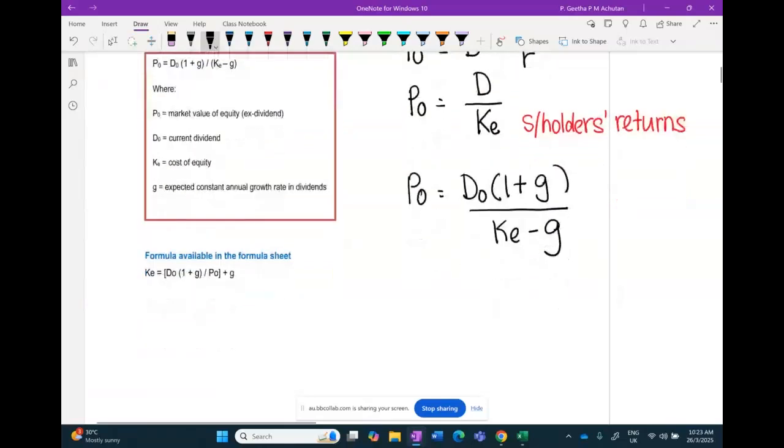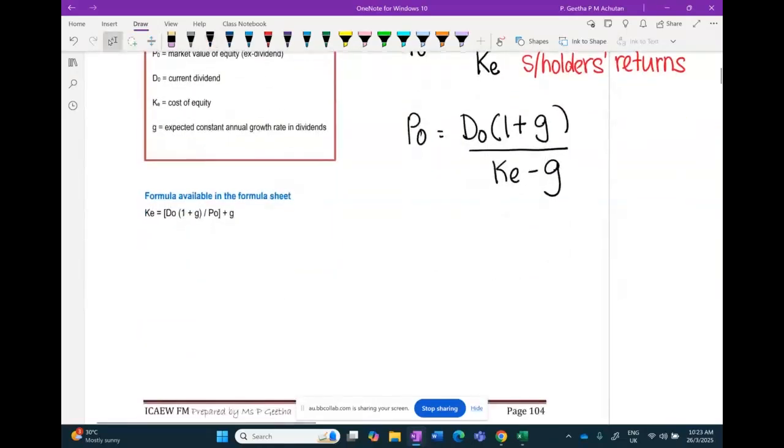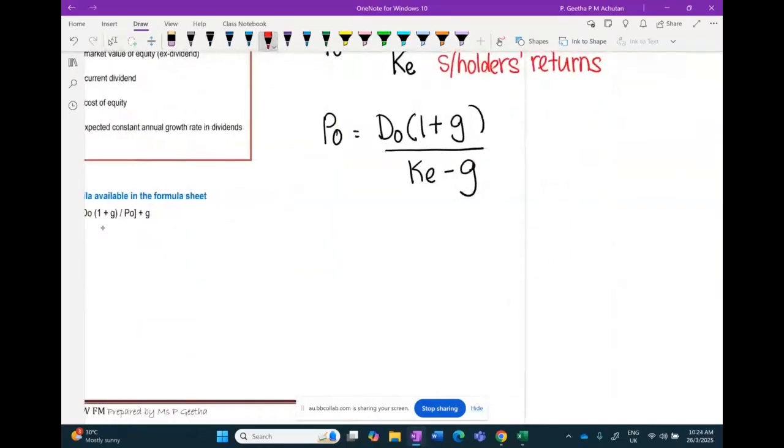In the exam, this formula is given. So I'm going to write here, this is an exam formula. But I want to rearrange this formula to calculate cost of equity. So looking at that formula, can I write like this?